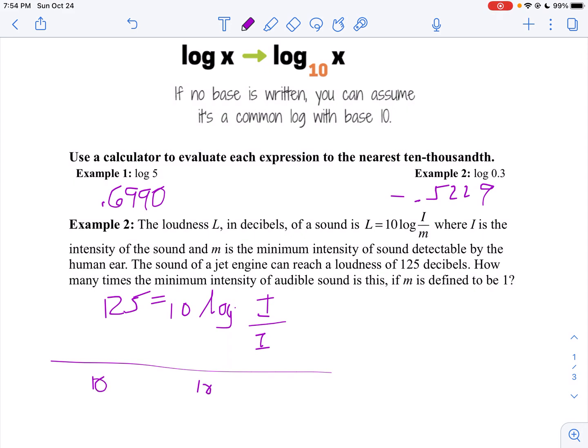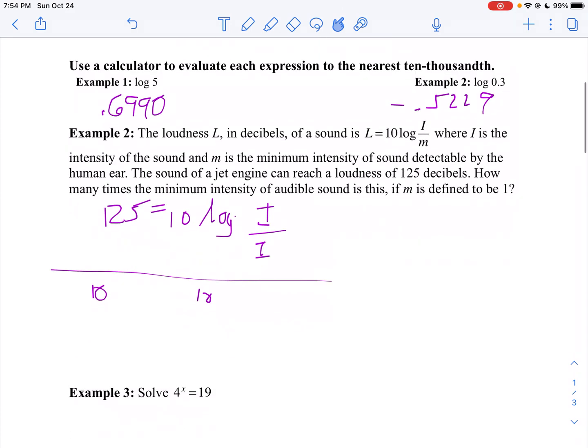So we're going to get 12.5 equals the log of I. Then to solve for I, I'll write that in exponential format. So I then is, my base is 10 to the 12.5 power.